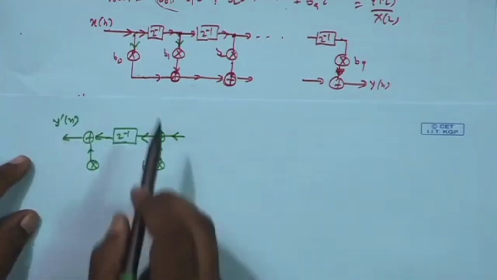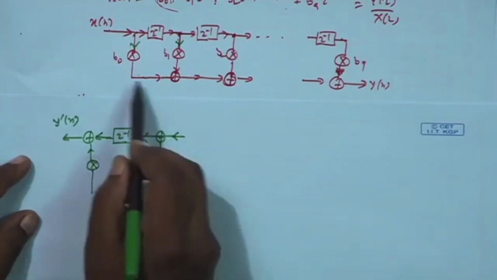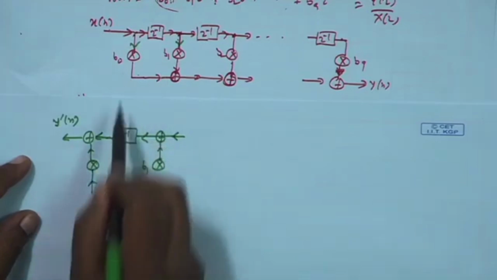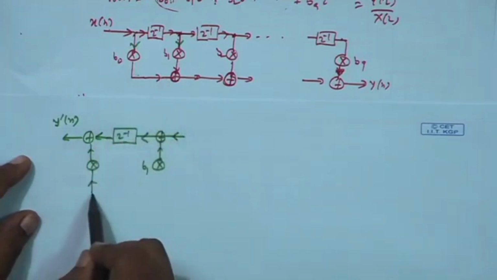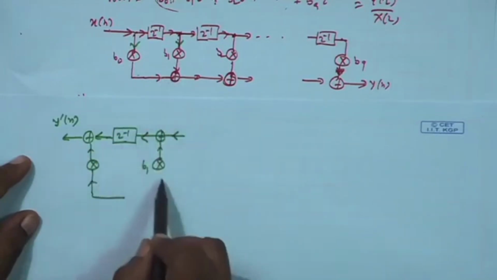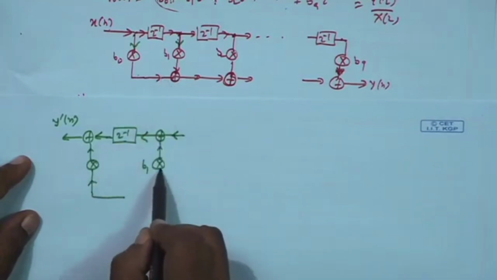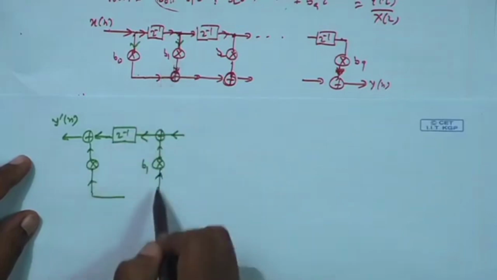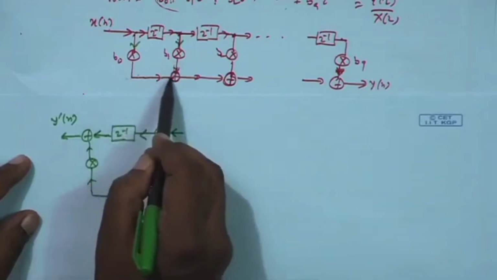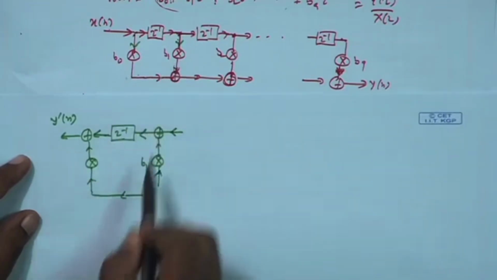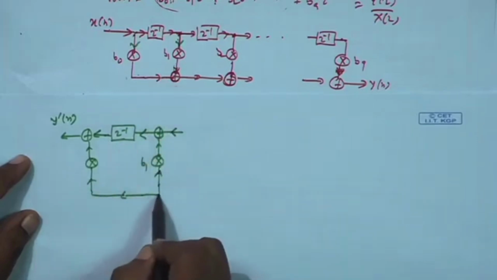So, these arrows are reversed, instead of going in this direction. Adders are branching, previous adders are now branching points. This arrow is reversed, earlier it was downward, now it is upward. This was this way, so this will be this way, and this is a branching point.